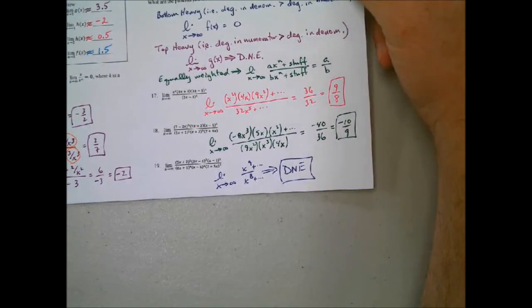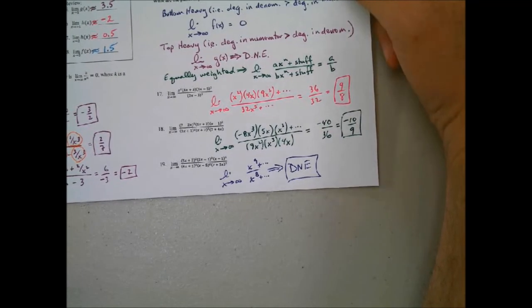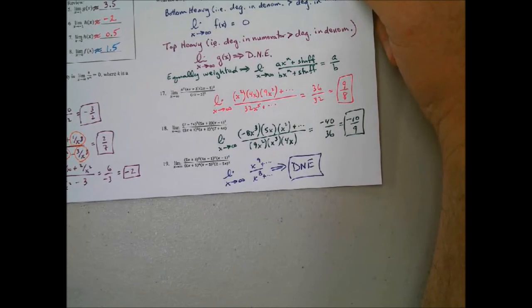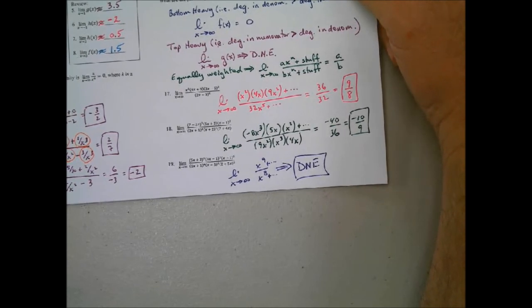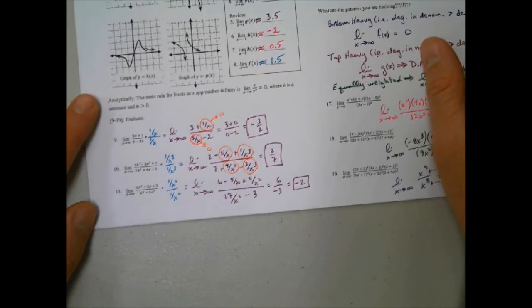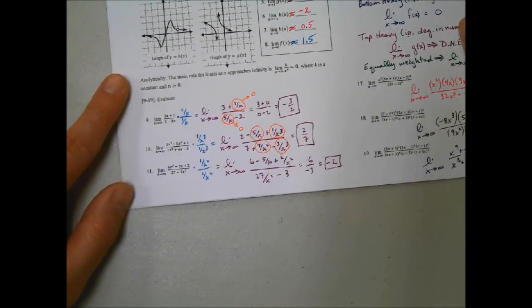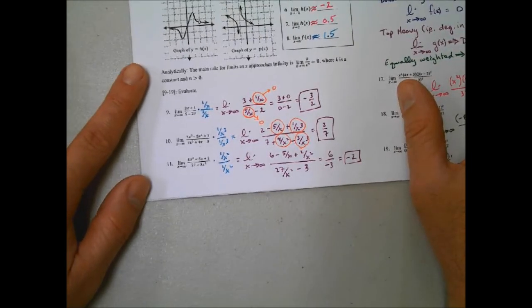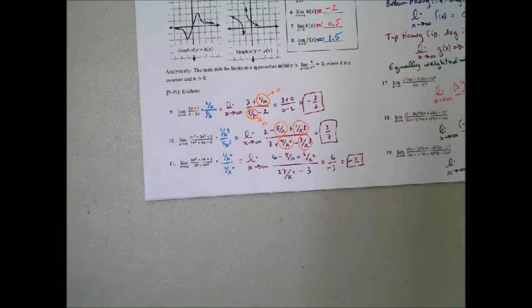Let's take a look at a couple of the ones earlier and see what kind of work we should have on them. So I'm going to go back to a couple of the ones at the beginning and put another piece of paper over it and take a look at that.